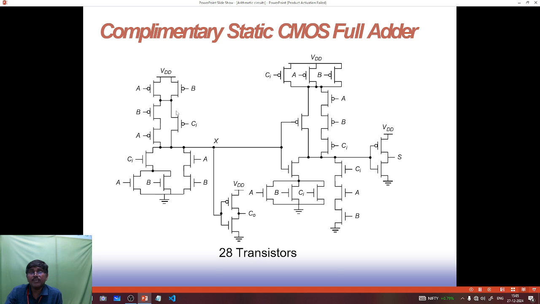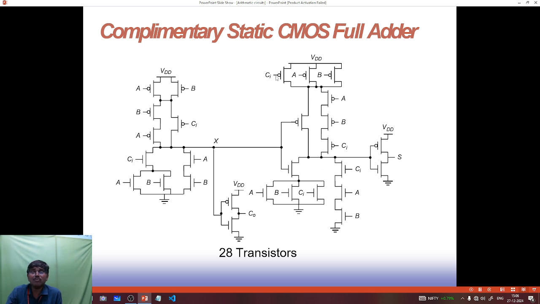We already studied the equations in previous slides: the equation A XOR B XOR C for the sum, and AB, BC, CB for the carry. The carry equation is converted into a complementary static CMOS circuit, and A XOR B XOR C is converted into a CMOS full adder.